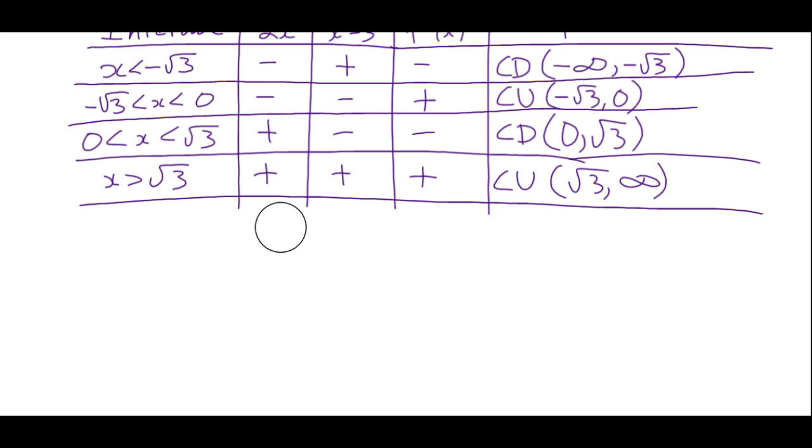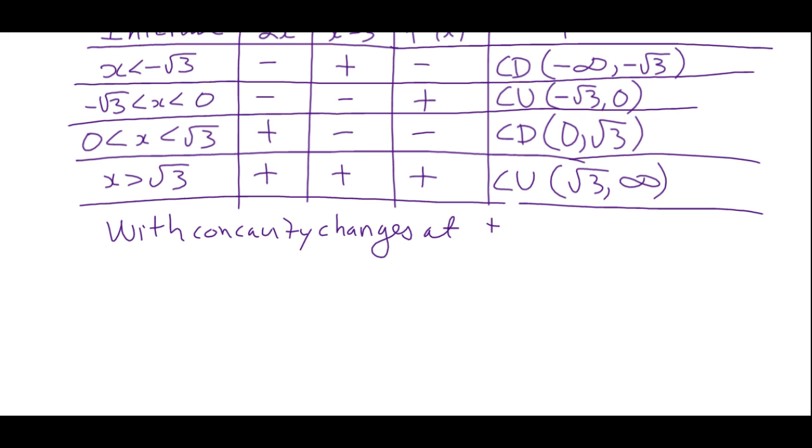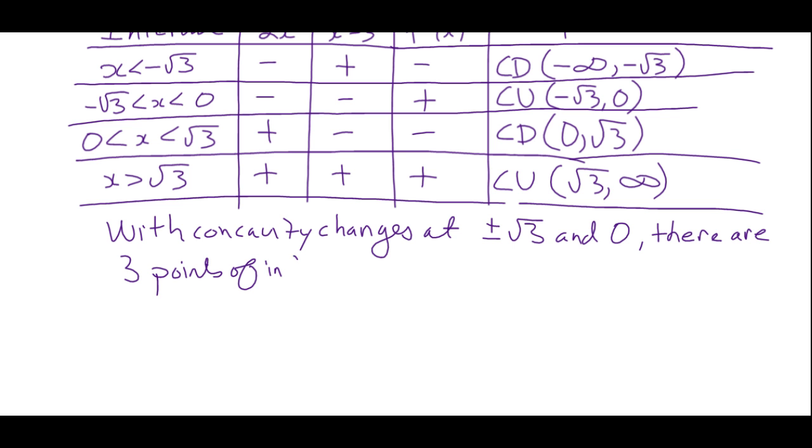Okay, so what are we going to say? Since the concavity changes at plus or minus root 3 and 0, there are 3 points of inflection. Those are negative root 3, and what was the original function?